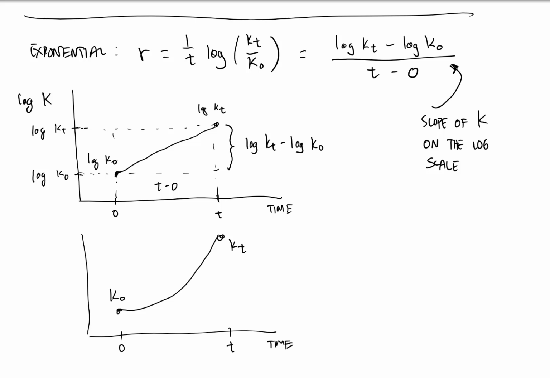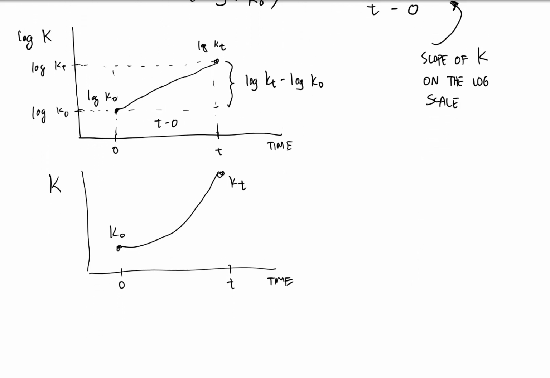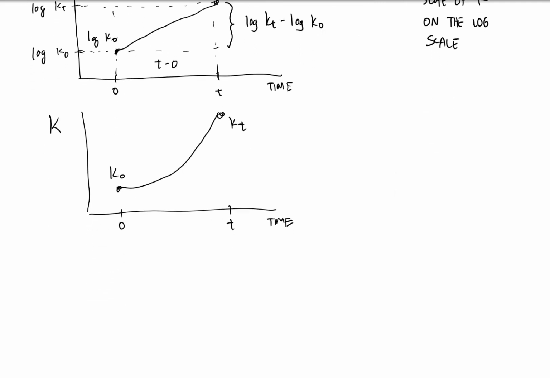Exponential growth is curved, but when we plot it on the log k, so this is just k, and here's the log k, then it looks like a slope. And so we have a good diagnostic rule.